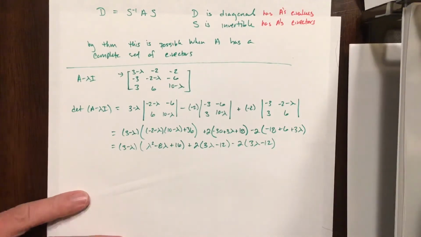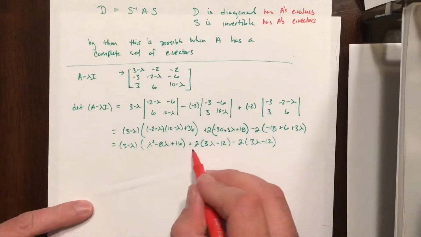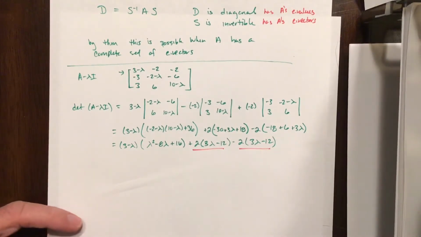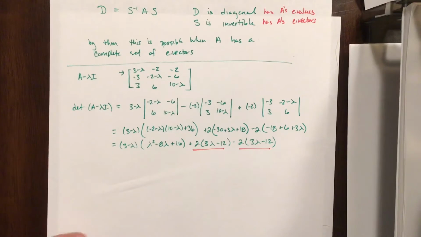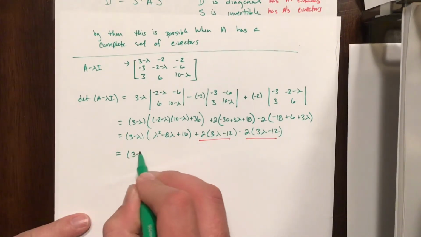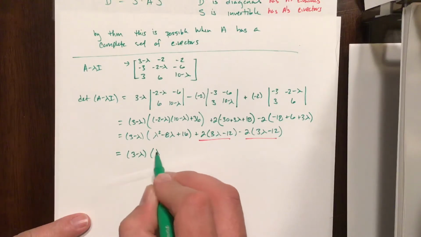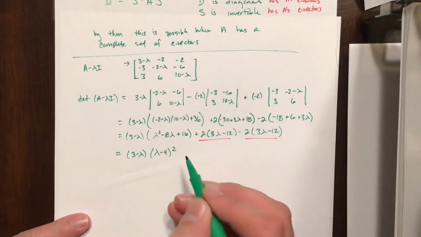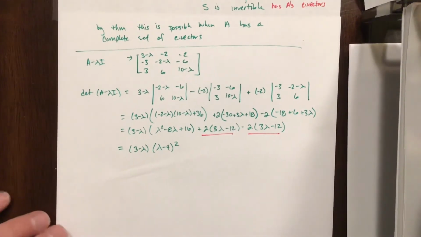Well, that's good. These two terms here are identical. One's positive, one's negative, so they cancel out. So we get 3 minus lambda times lambda minus 4 squared is our characteristic polynomial.